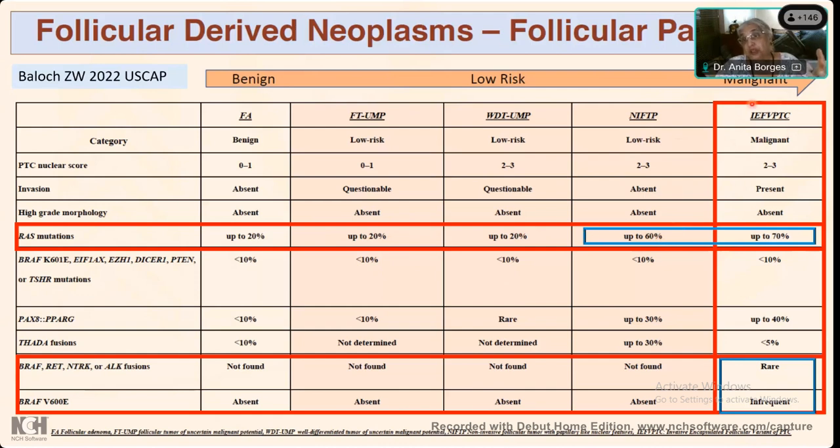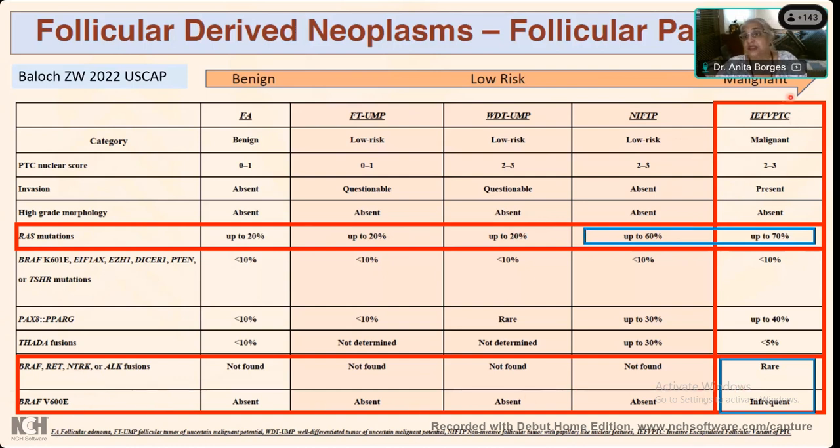And look at what they are calling follicular variant of papillary thyroid tumor. It's more or less the same, 70%. But why are you calling it a papillary thyroid tumor when papillary thyroid tumors should have BRAF, RET, NTRK, ALK, or V600E mutations, okay?